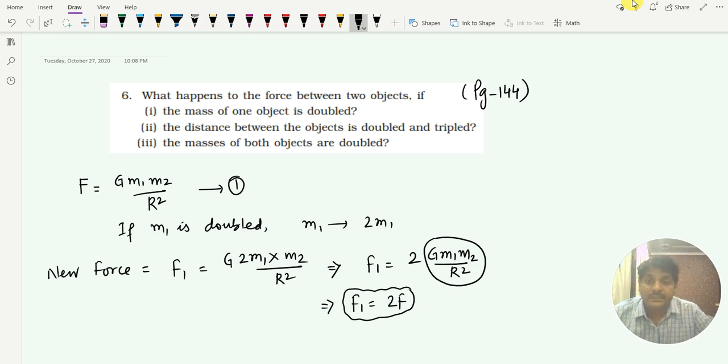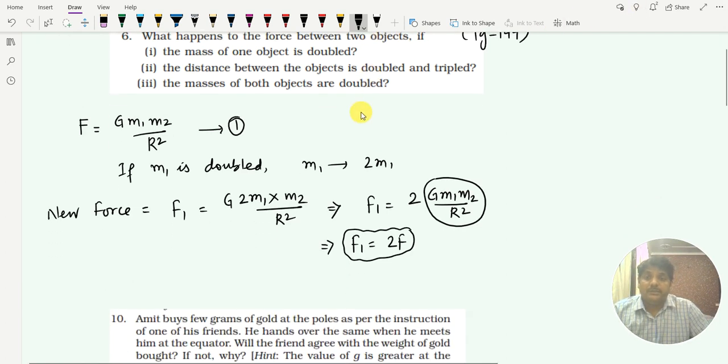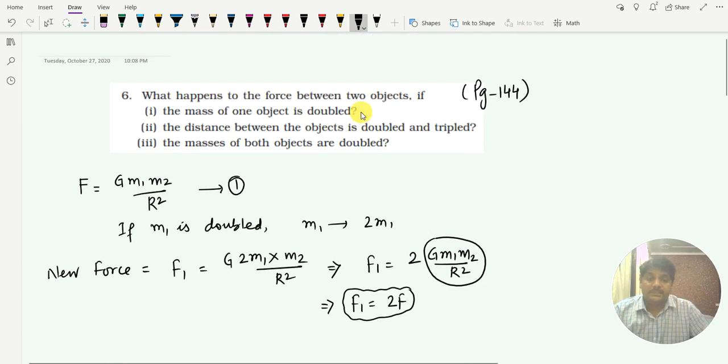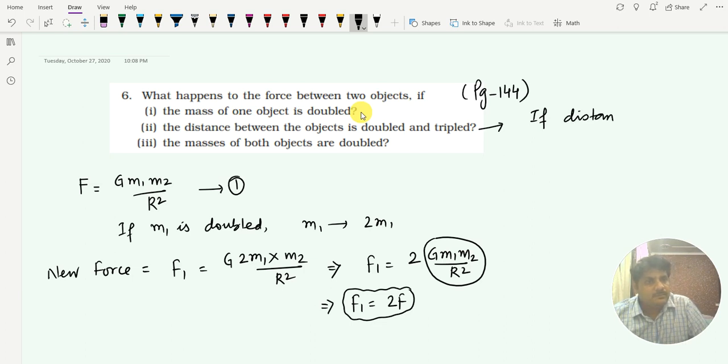The second one is, the distance between the objects is doubled and tripled. So if you double the distance, the mass is remaining the same. For this second part, you can try it yourself. If distance is doubled, it means r changes into 2r.